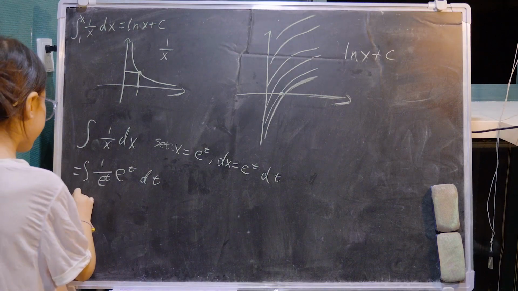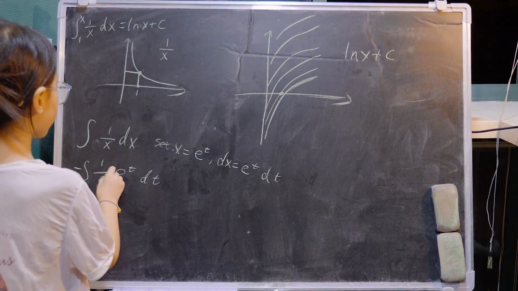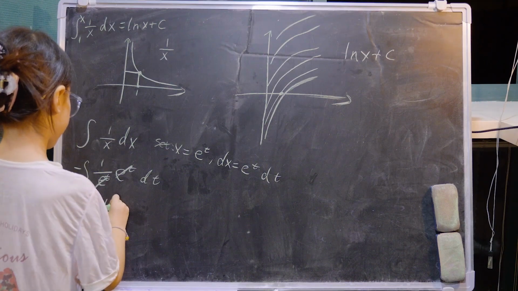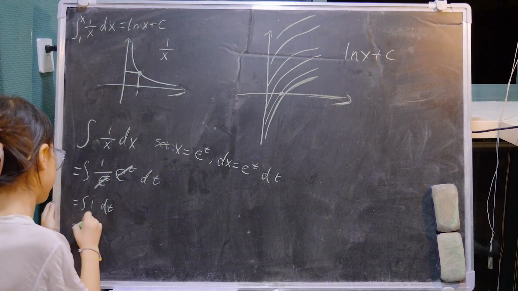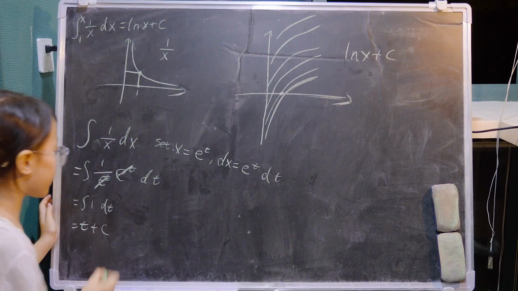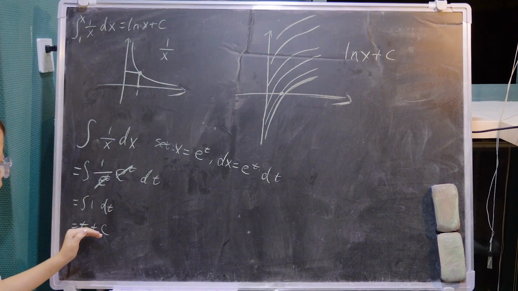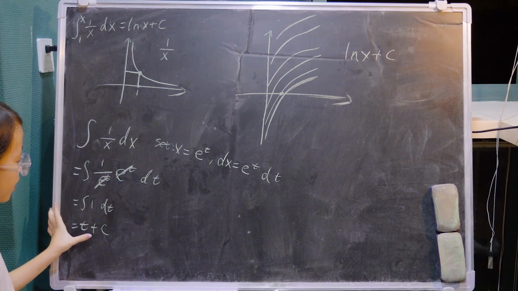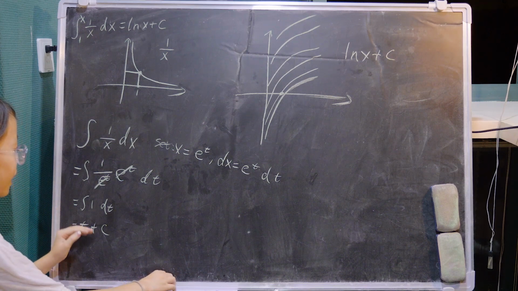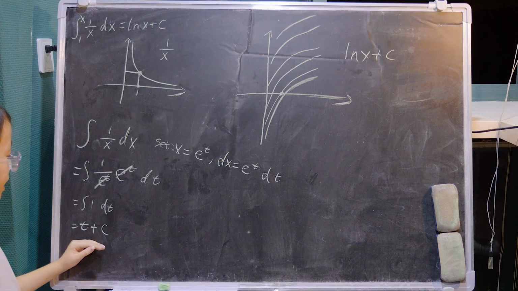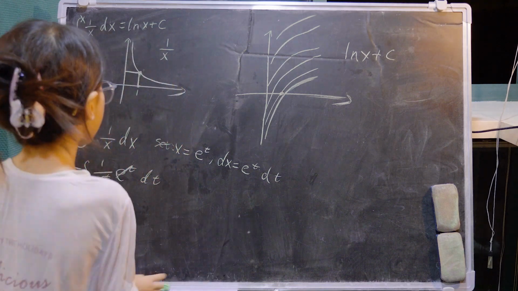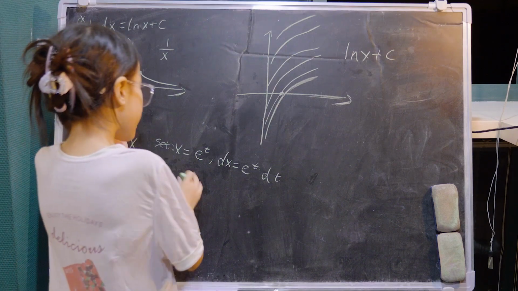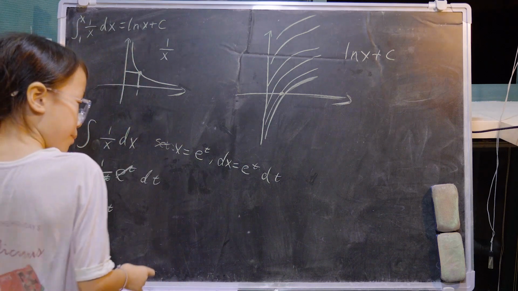That is very easy because the e to the t cancels out, so that's the integral of 1 dt, which is t plus c. But don't forget, we need to substitute back to x.